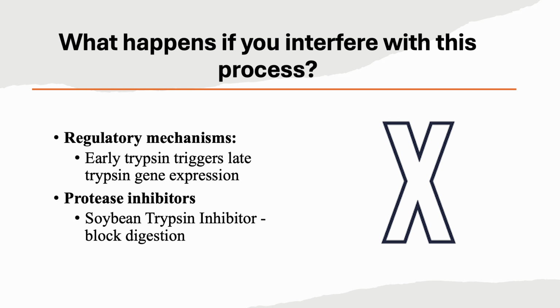You may be wondering, or if not, I'm wondering for you, what happens if you interfere with this process? The chapter goes over an experiment in which researchers added soybean trypsin inhibitor to the protein meals of the mosquitoes.